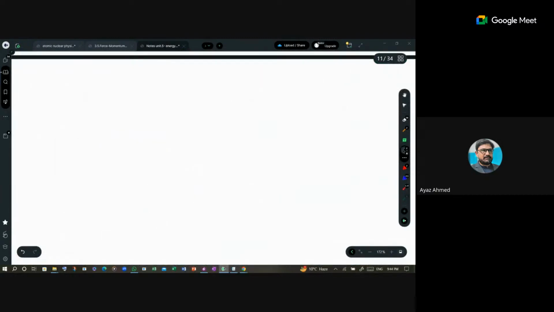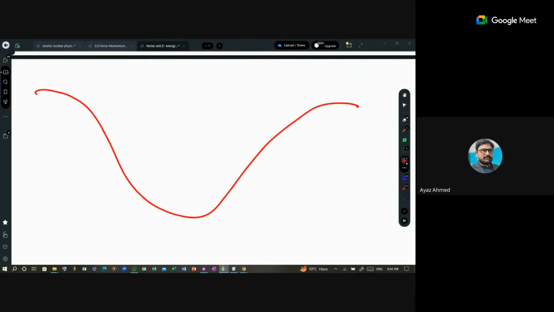Now, in this one, I'm going to explain what is meant by the law of conservation of energy. For example, you have a roller coaster, and here a ball is there, and its mass is 2 kg.